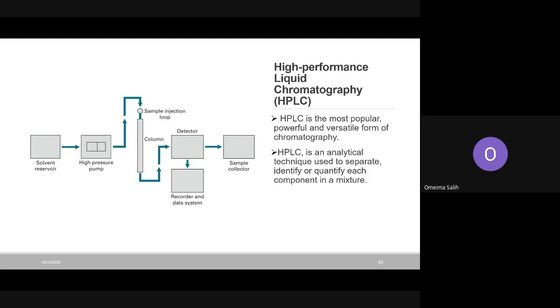So there are three outputs from this method, because it is linked to a computer that quantifies, and it identifies because it has a database, and the system itself separates. It is based on the separation, on the movement in the mobile phase.